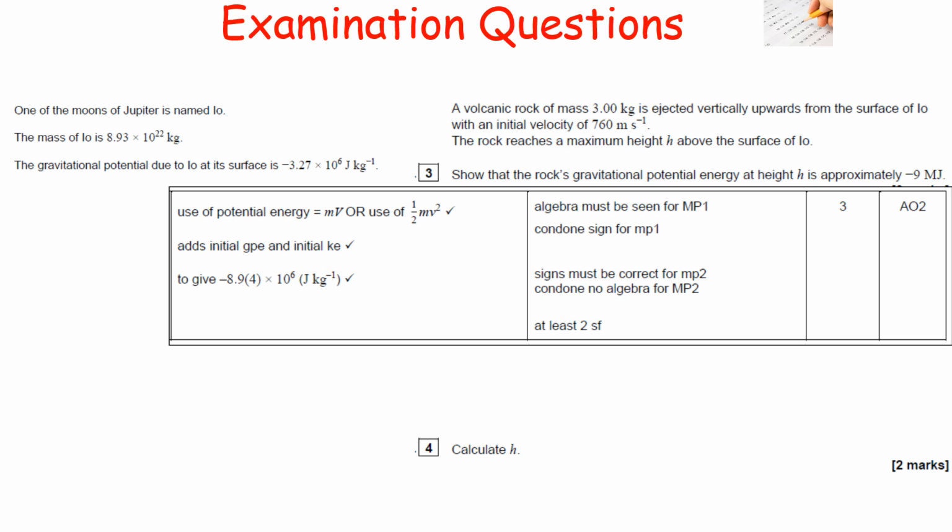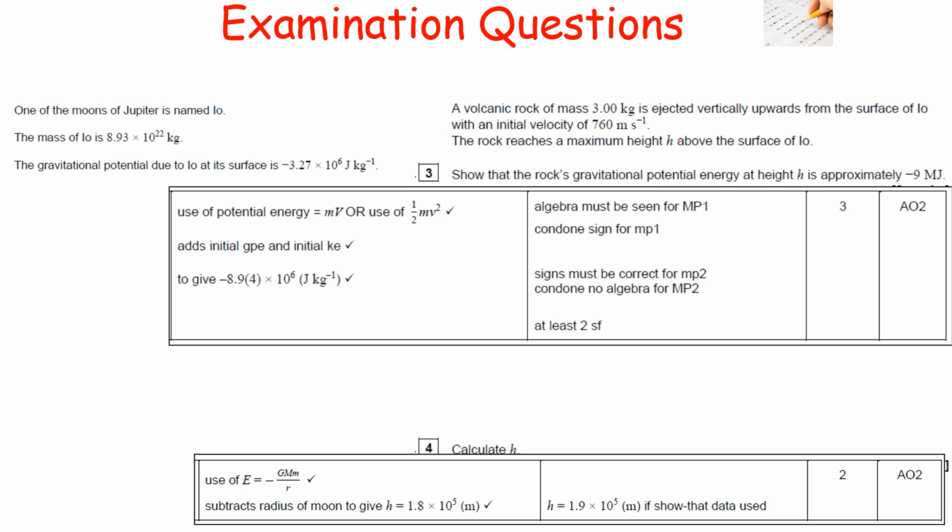Now then, how do you calculate h? It's very important here, because we've now projected it off the surface and the gravitational field strength has changed significantly. We can't use an equation from GCSE where potential energy is equal to mgh. We've got to use our more sophisticated equation, which is that gravitational potential energy is equal to G big M small m over r. We can then rearrange this and make r the subject.